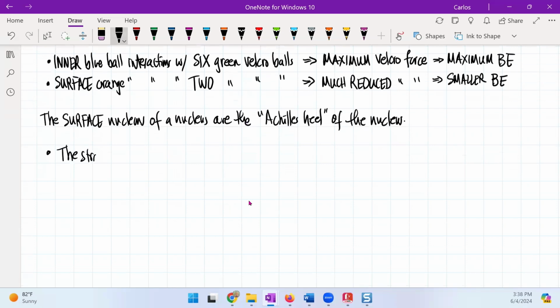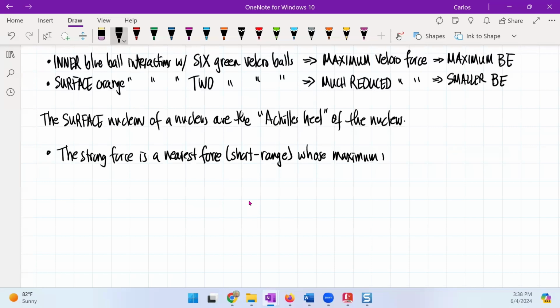The strong force is a nearest neighbor force. In other words, that's what we mean by a short range, whose maximum range is 2 Fermis.